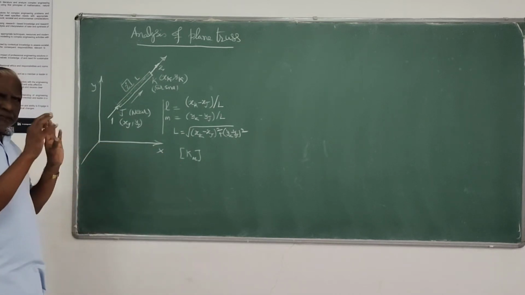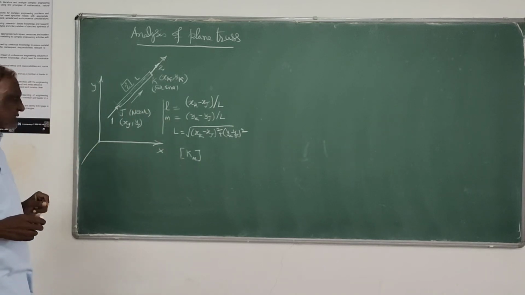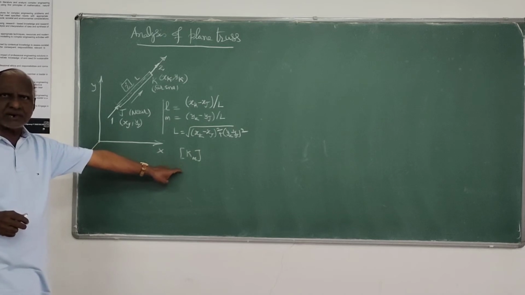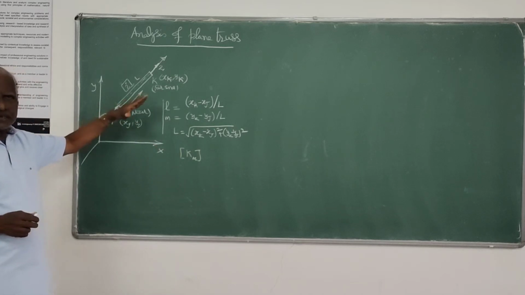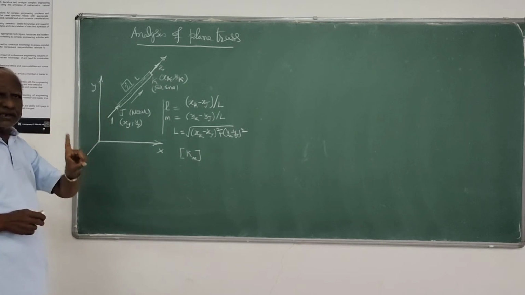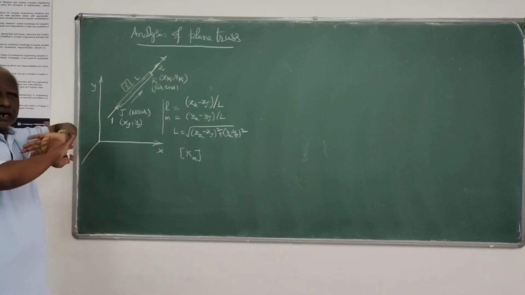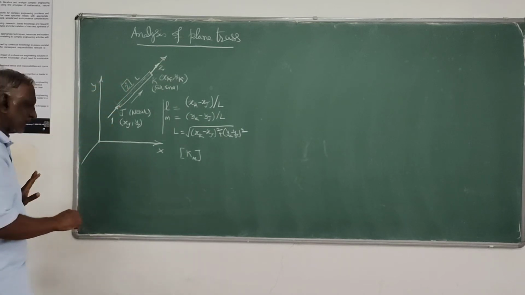We will follow the same fundamental procedure for evaluating the member stiffness matrix. How to evaluate it? We have to give unit displacement in the direction of one coordinate at a time, fixing the other coordinate, that means not allowing any displacement at the other coordinate.